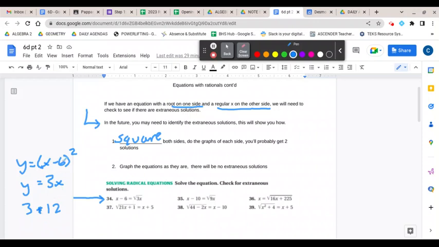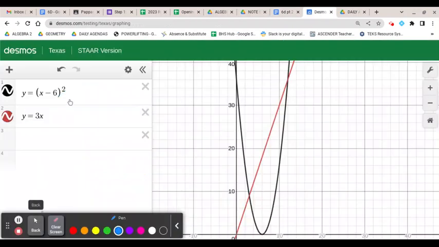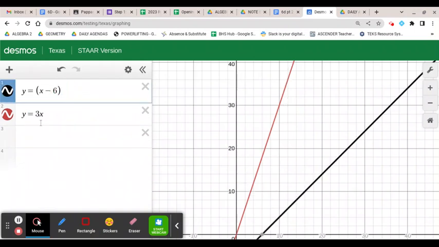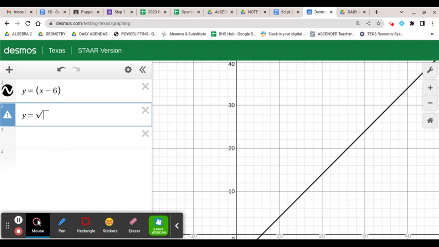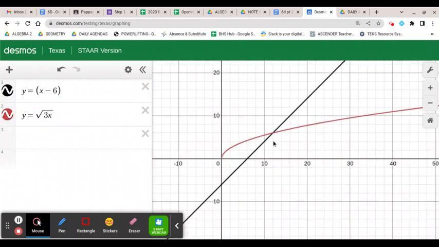Now, in order to get the real solutions, we'll do step 2, which is to graph the equations as they are. So we'll do y equals x minus 6, and then y equals the square root of 3x.